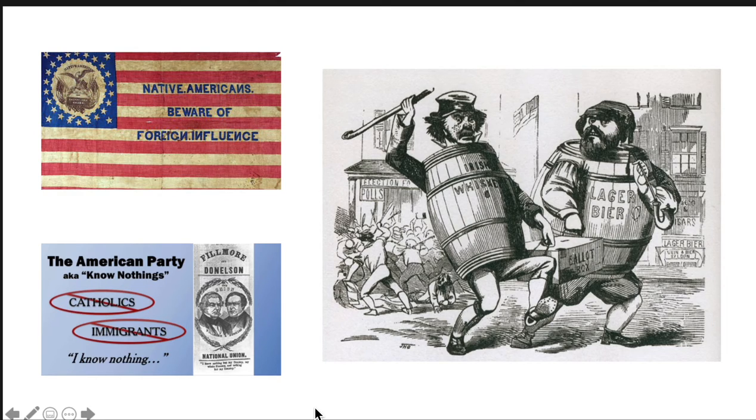But the Masons is not a political party, and they would have existed long before. What about the anti-Mason party, though? The anti-Masonic party is not the same. All right, so the American Party, or the Know Nothing Party, gets its nickname from its secrecy.